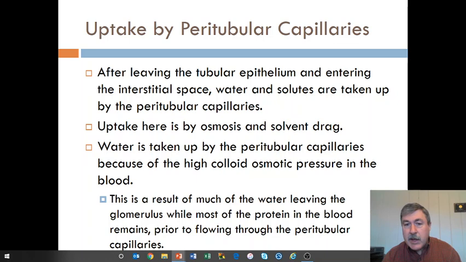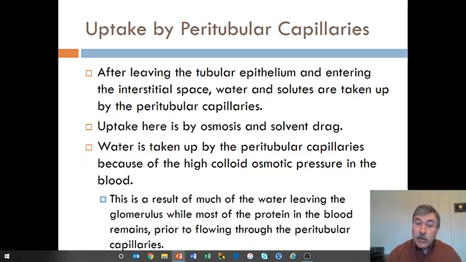So all the blood cells, all the large proteins are still in the blood that's in those peritubular capillaries. But because we've taken some water out of it, the osmolarity of that blood in the peritubular capillaries is higher than normal. So that allows the water that's been reabsorbed into the interstitial space to be taken up by the peritubular capillaries by osmosis.